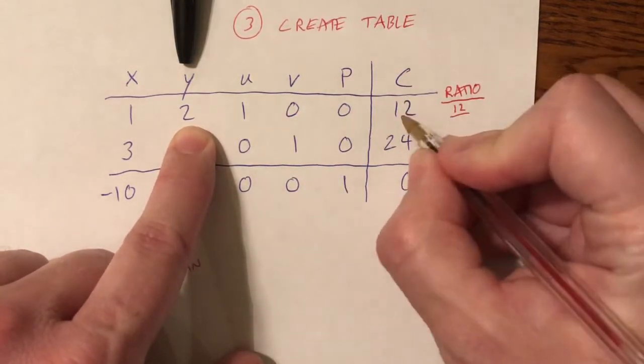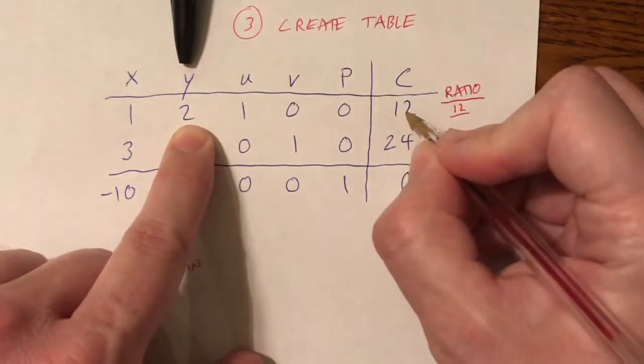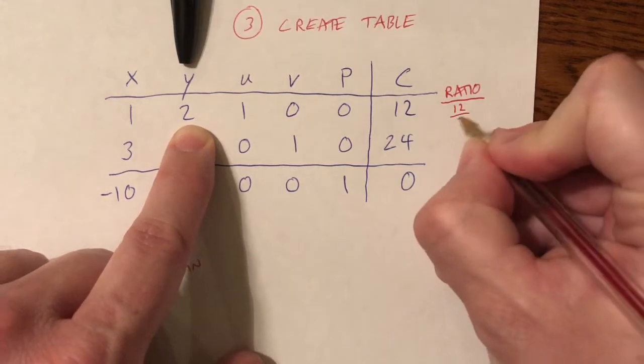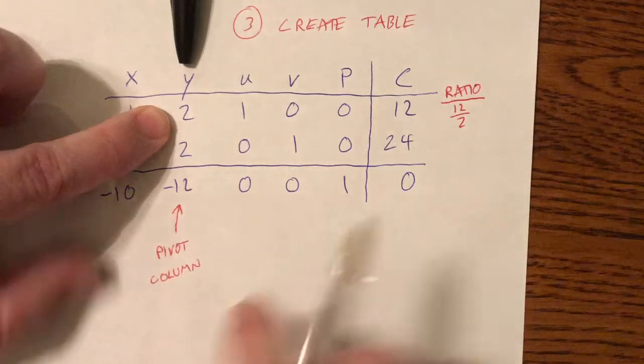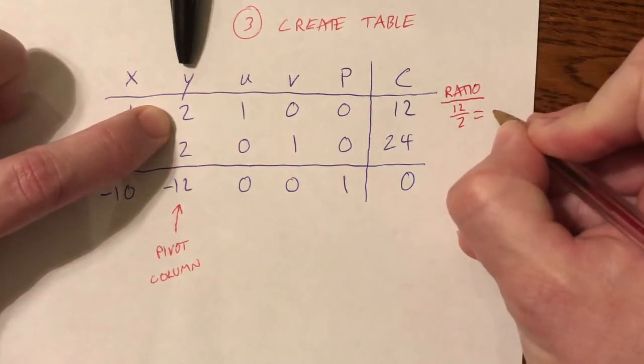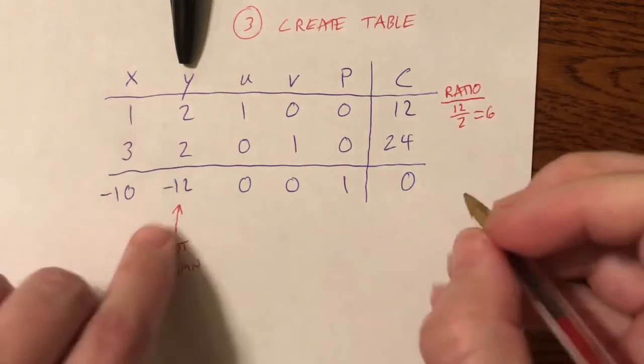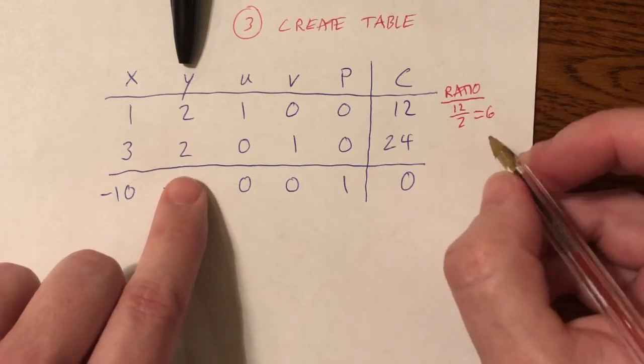So we're looking at the ratio of this constant, row number 1, with respect to this 2, because this 2 is in the pivot column also in row number 1. And that ratio is equal to 6. Just stay with me, and you'll see where this is going, I hope.